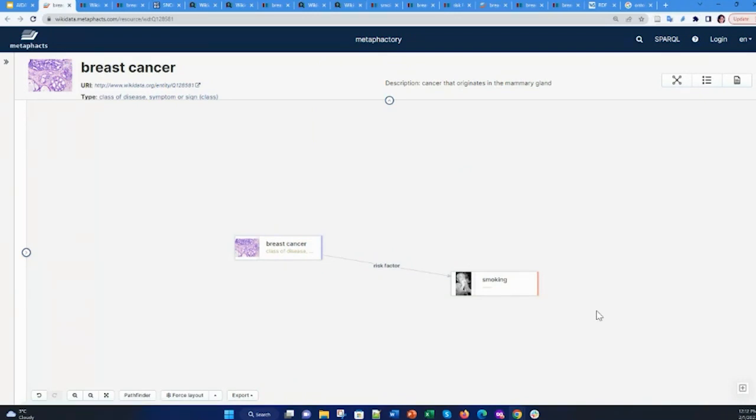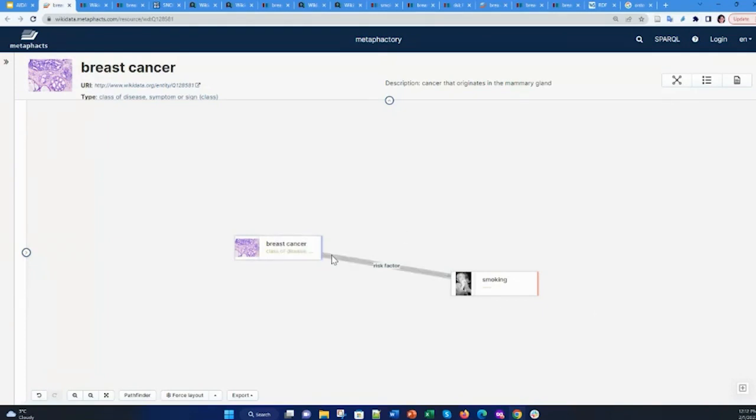They are called also concepts, entities, nodes. Sometimes they are called also subjects, objects. We use different names for these concepts in knowledge graphs. And we have here one relation.